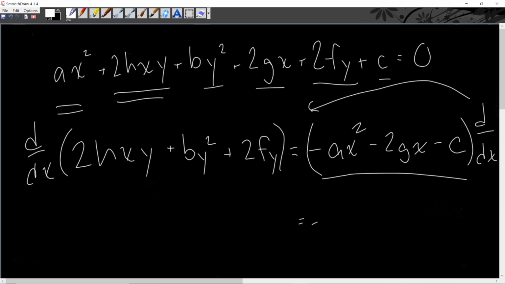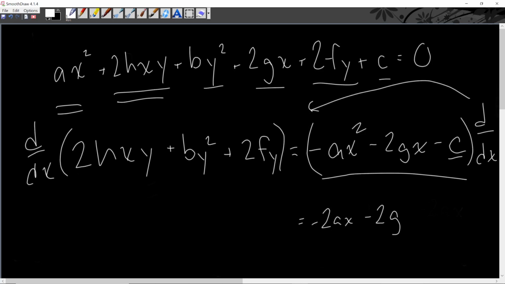We'd have negative 2ax, and then negative 2gx. This is x to the 1, so 1 minus 1 is 0. And if you bring that 1 out, it's still going to be 1, so negative 2g. And then the derivative of a constant is going to be 0. Again, c is not a variable, it's just a constant. So this would be 0. I'm not going to write 0.